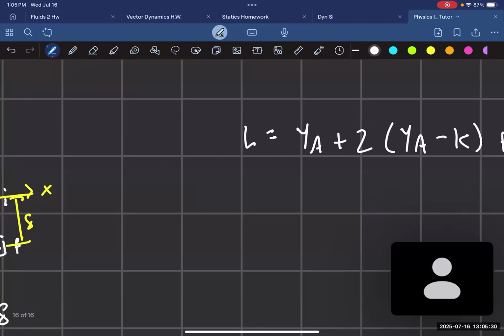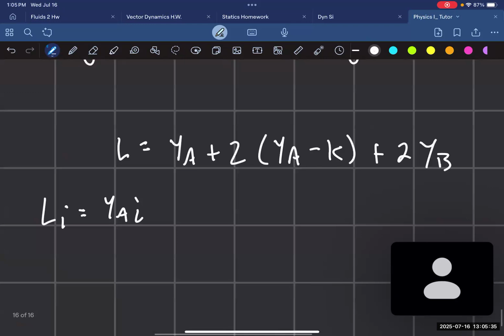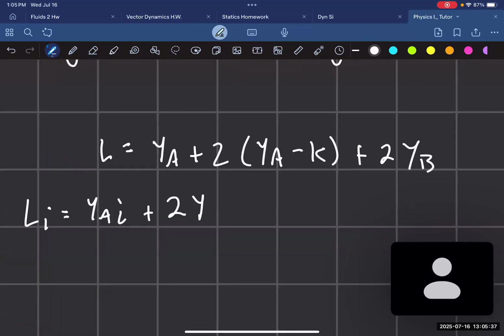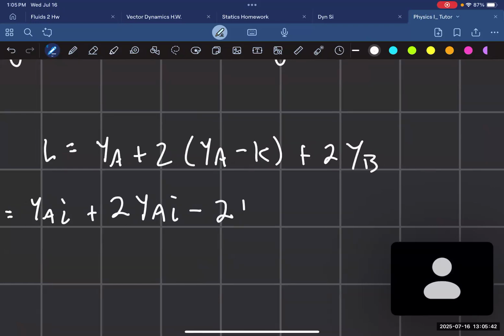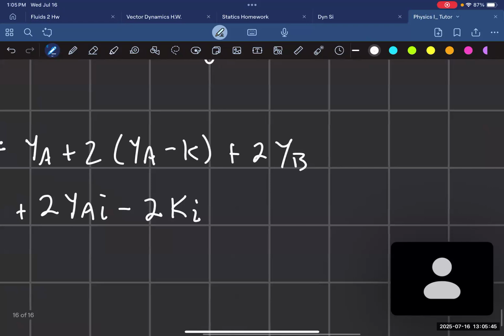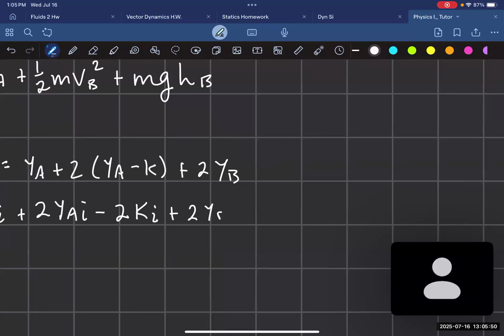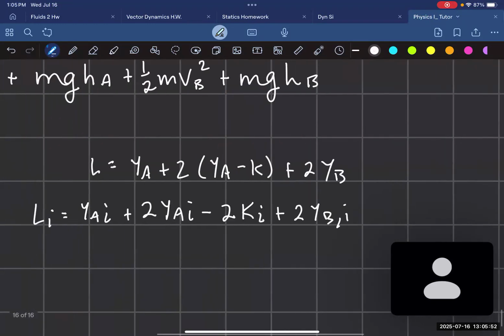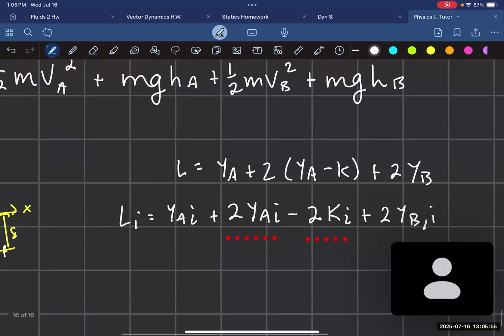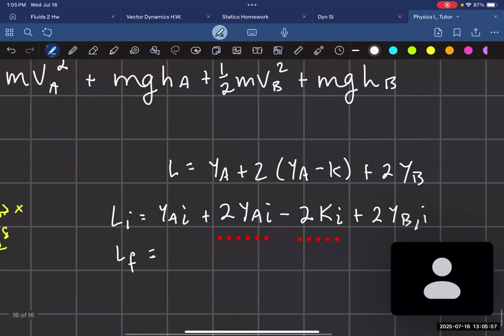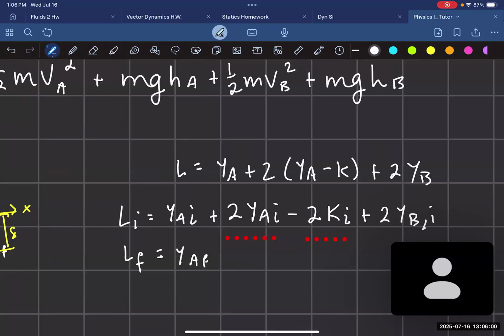Length initial is going to be y of A initial plus 2y of A initial minus 2k initial plus 2y of B initial. The k's are going to cancel out, but we can keep them and you can see it for yourself. Similarly, for the final state, we label it y A final plus 2y A final minus 2k final plus 2y B final.